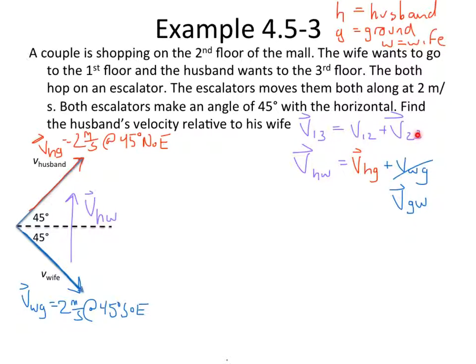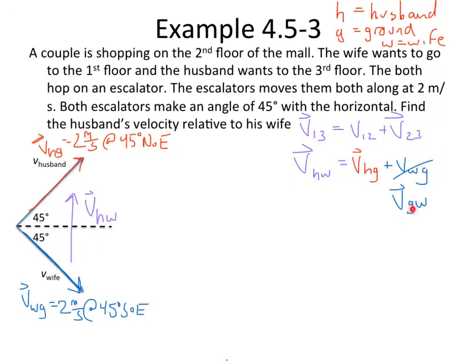And so therefore we can add this together and this together to get the velocity of the husband to the wife. The only thing is that we need to remember that in order, and we can do this, we can change the order of the subscripts. We just need to make sure that we remember that the direction is changed.